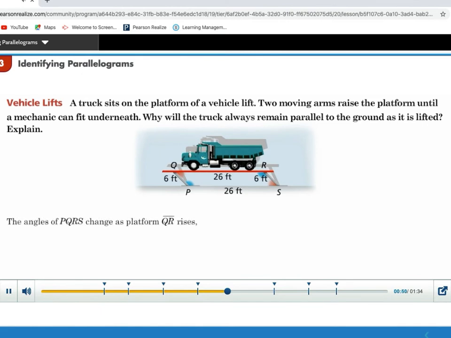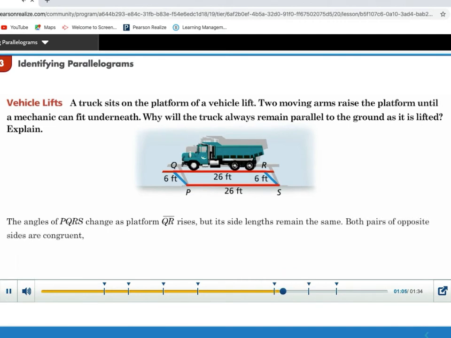The angles of figure PQRS change as the platform, segment QR, rises. But its side lengths remain the same. Both pairs of opposite sides are congruent. So figure PQRS is a parallelogram by theorem 6-8.